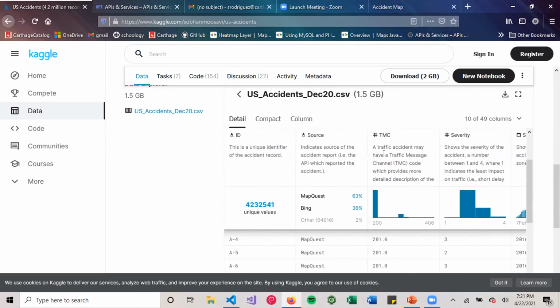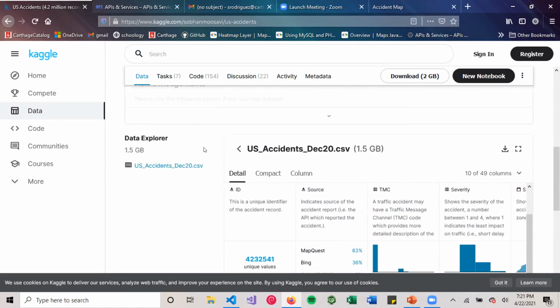Was it easy to use or was it hard? Yeah, it was pretty easy to use. I just downloaded their CSV file, and then you could just modify it with SQL. Okay.